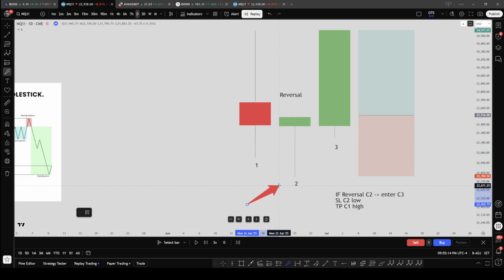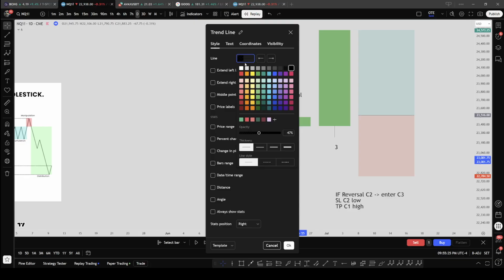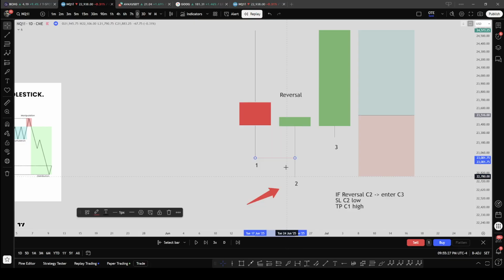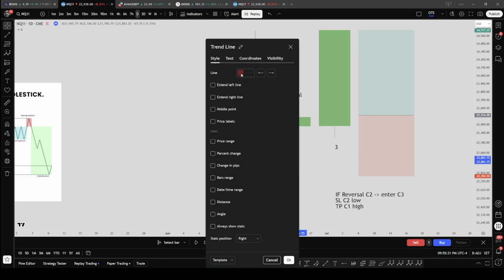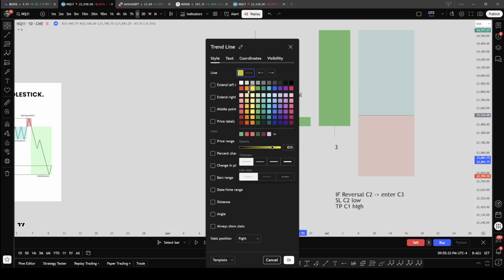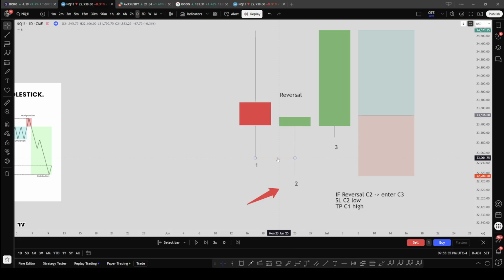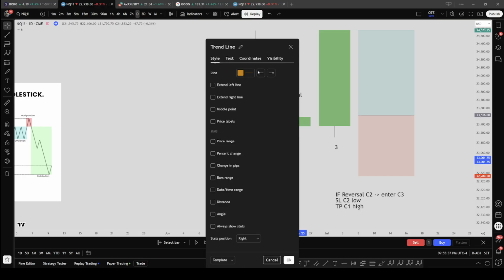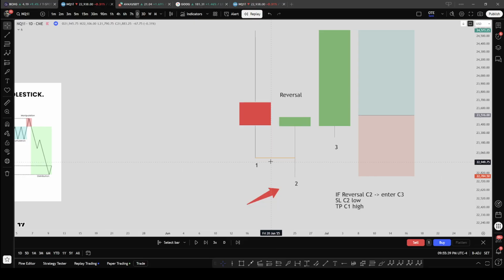I'm trying to help you visualize it. You need to wait for the reversal candle to fully close, and a reversal candle is when you sweep. Let me make this a red line, or actually orange. A reversal candle is when you sweep the candle to the left.